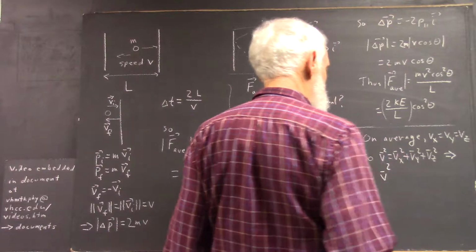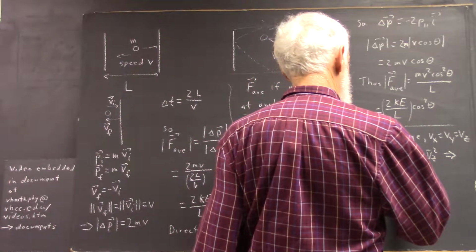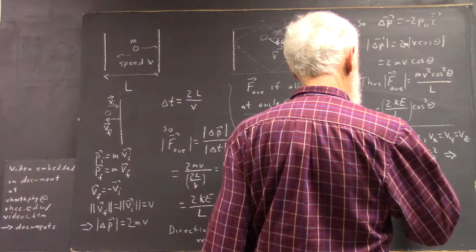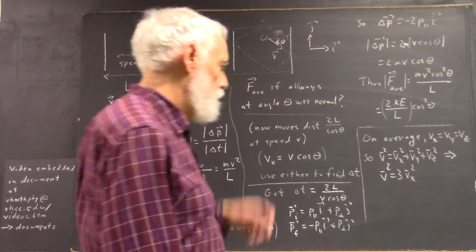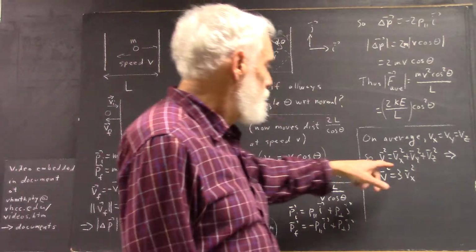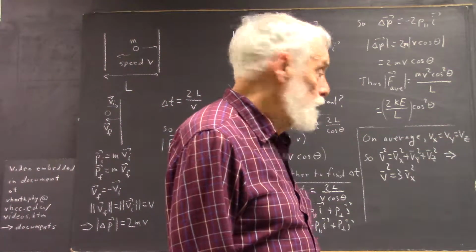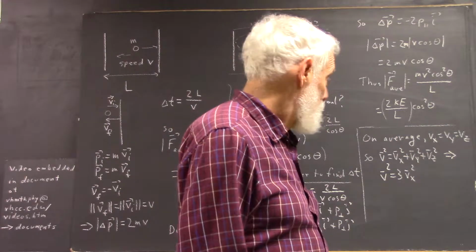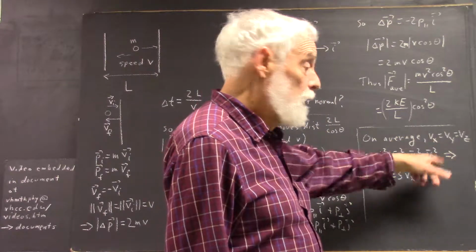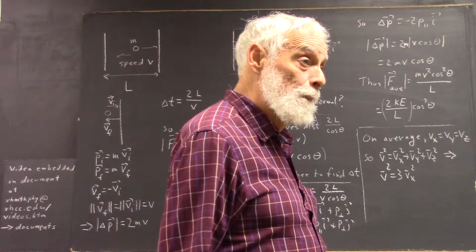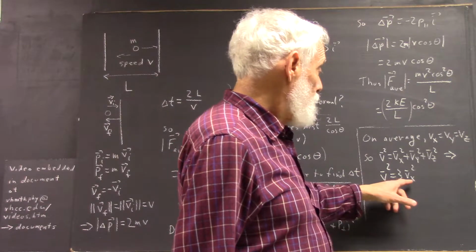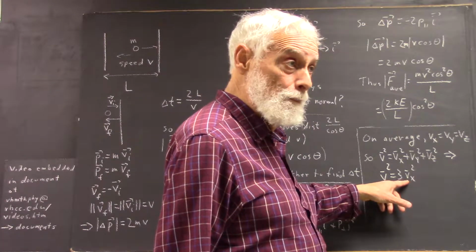And I'll write it a little more clearly here. Since Vx equals Vy equals Vz on the average, that means Vx bar, Vy bar, and Vz bar are all the same. And I could write this as 3Vx bar squared.